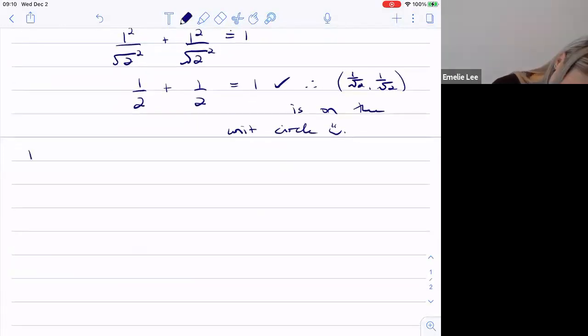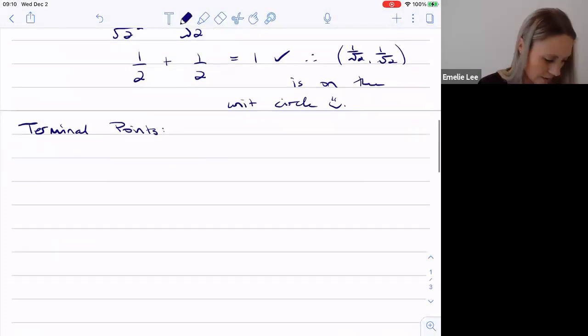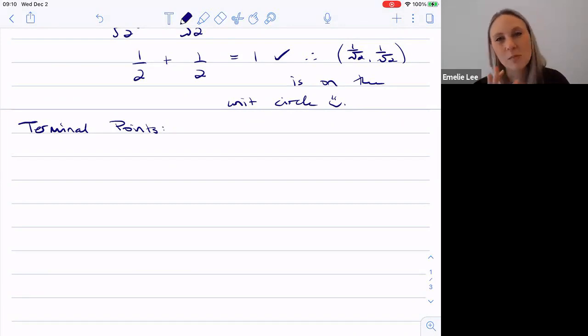So let's talk about terminal points. We can move around the unit circle, okay? Starting on the positive x-axis is usually where we start, and that's going to be a default starting position.